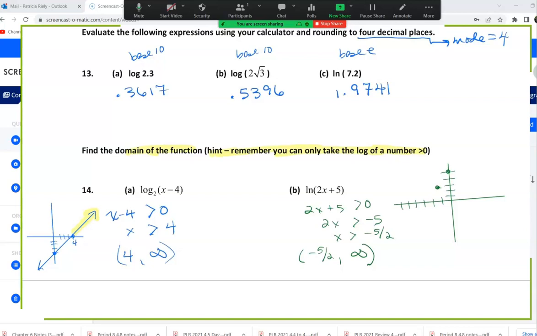And then go down 2 and over 1. That's another point. And I'm going to be crossing the x-axis right about here. So here is that argument. And where am I allowed to use values from? All along this yellow. And that's how I got the interval that I had for my answer. Okay, so here are your 2 answers with a very thorough explanation as to how I got them.